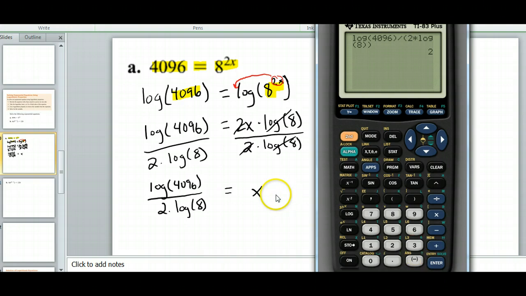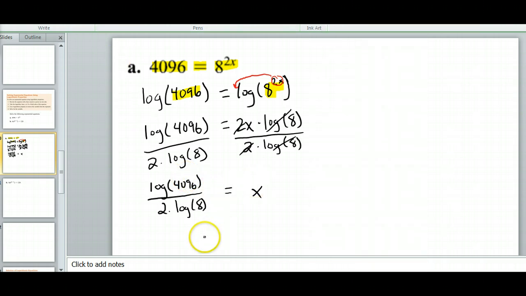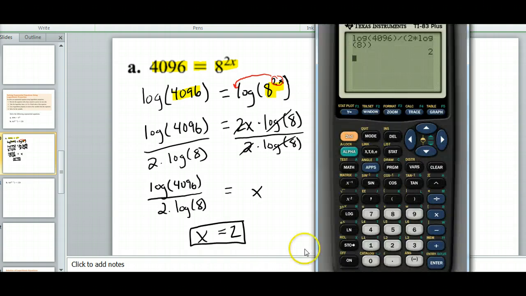Right, and I get 2. So x is equal to 2. Alright, if we go back and check it, that would mean 8 raised to the 2 times 2 power should equal 4096, and we'll see that it does.